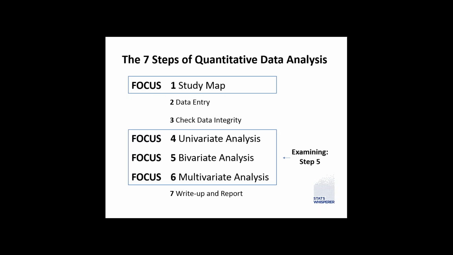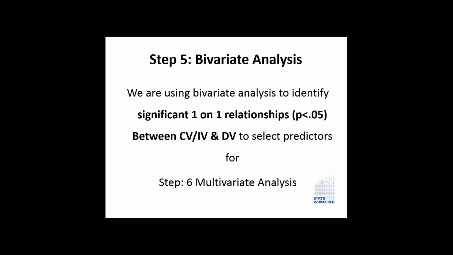So now that's univariate analysis. That's taken care of, right? Then we have step 5, bivariate analysis. Right, so we're using bivariate analysis. Remember, we want to select the variables that have a statistically significant relationship with the dependent variable to take forward into multivariate analysis.